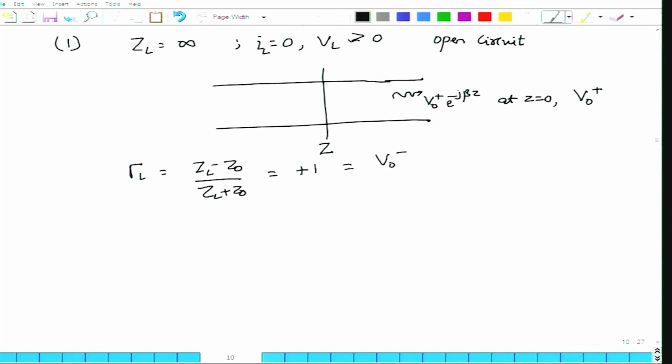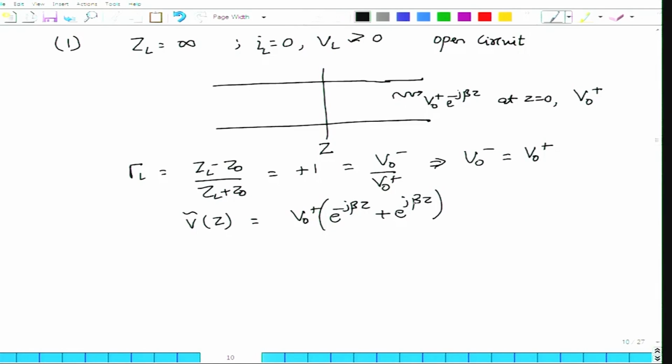This is nothing but V0 minus by V0 plus, which implies that the reflected voltage amplitude is exactly equal to the incident voltage amplitude. Once that happens, you can write down the total voltage phasor at any point on the transmission line as V0 plus e power minus j beta z. I can take V0 plus out as a common factor and then write this as e power plus j beta z.